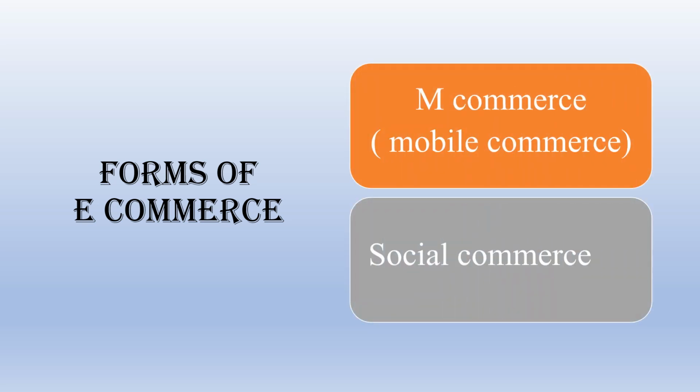Next topic is forms of e-commerce. There are some forms of e-commerce. First one is mobile commerce, that is m-commerce, and second one is social commerce. So let's get to mobile commerce. M-commerce is the buying and selling of goods and services through wireless handheld devices such as smartphones and tablets.